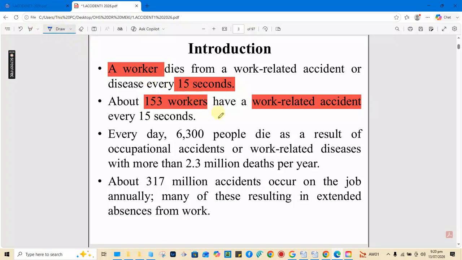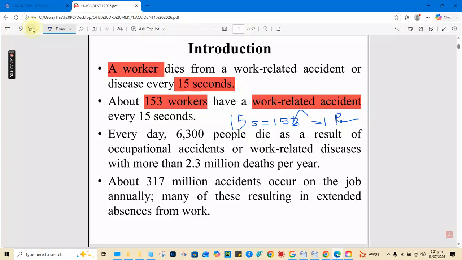So in short, in 15 seconds, how many people get involved in accidents? 153. And amongst these 153, how many die? One. Okay, so you can imagine, that's crazy.